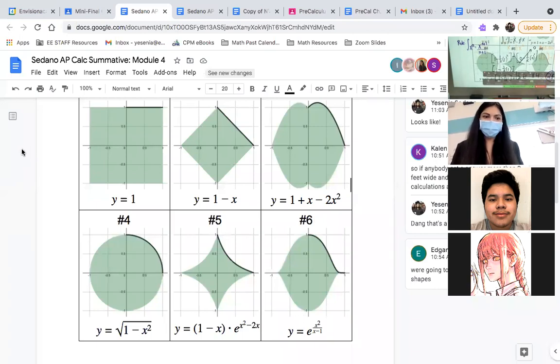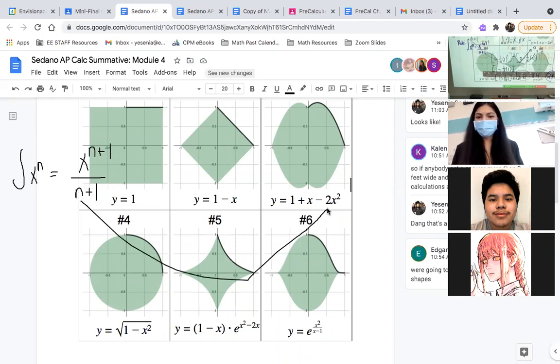I'll also write it on my screen. So the power rule, x to the n. The antiderivative is where you just add 1. That rule is going to help you get the antiderivative of the last term.